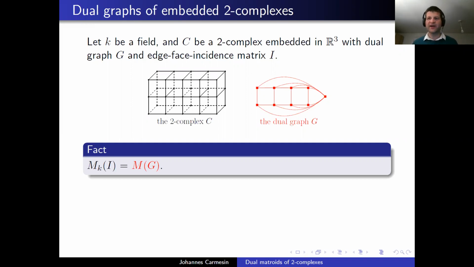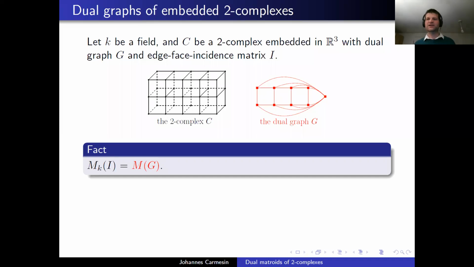Now you pick your favorite field K, perhaps F2, F3, whatever you like, and this matrix defines your matroid. The ground set of the matroid will be the set of faces of the 2-complex, which will be the edges of the red graph. Every edge of the 2-complex gives you a vector, the incidence vector of that edge, telling you how it is incident with faces.